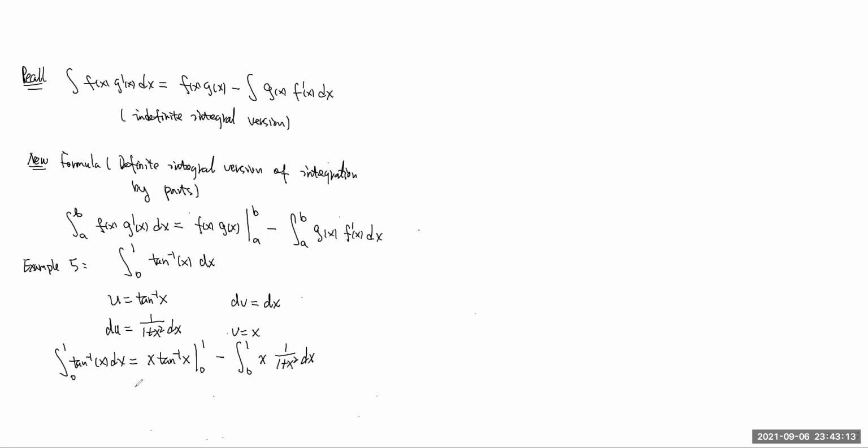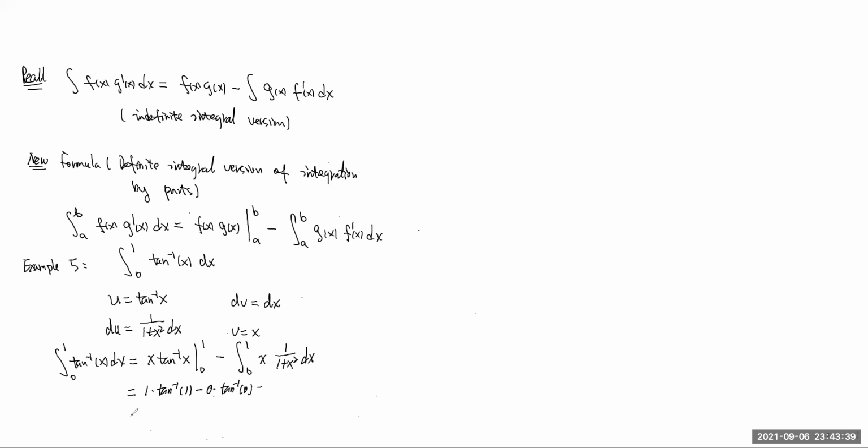So we have 1 times tangent inverse 1 minus 0 times tangent inverse 0, minus the integral of x over 1 plus x squared dx from 0 to 1, right?